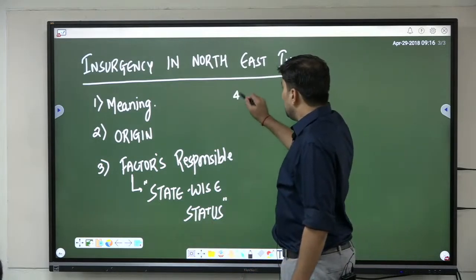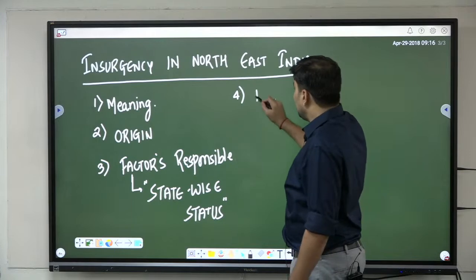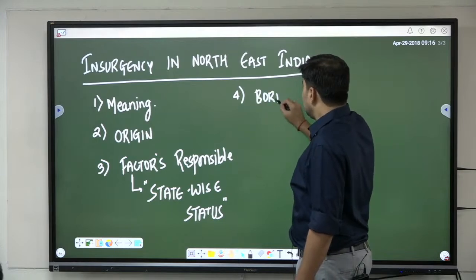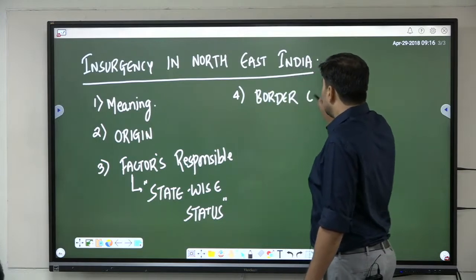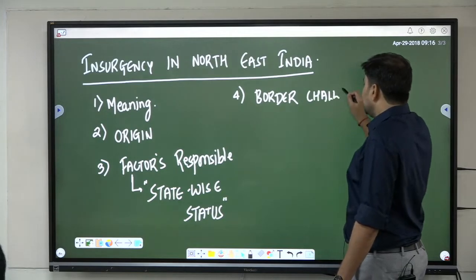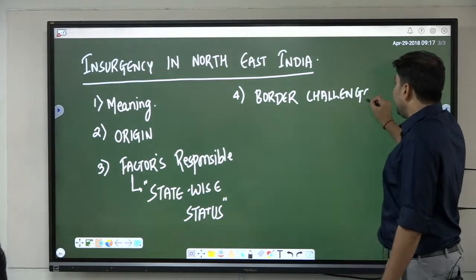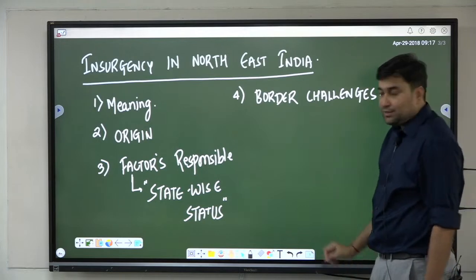Fourth, we'll also understand border challenges with respect to insurgency in Northeast India.